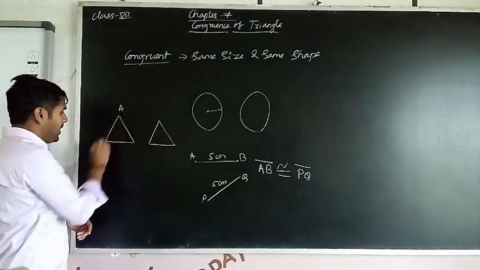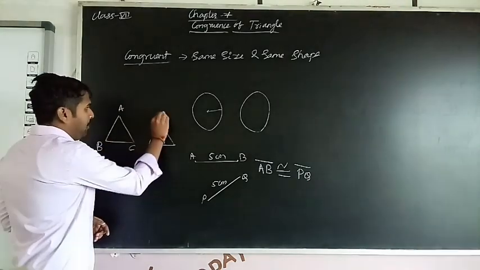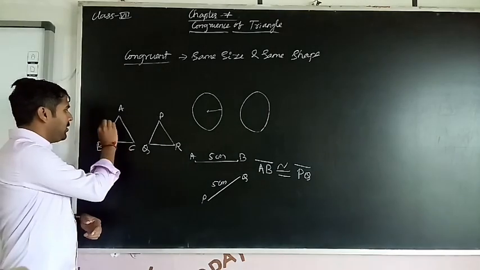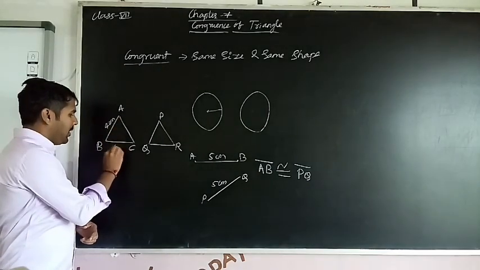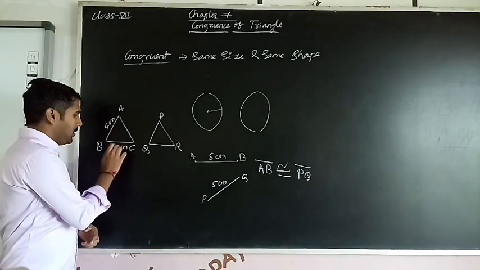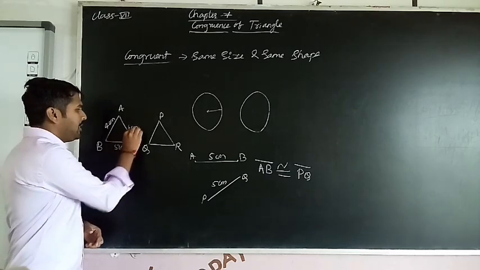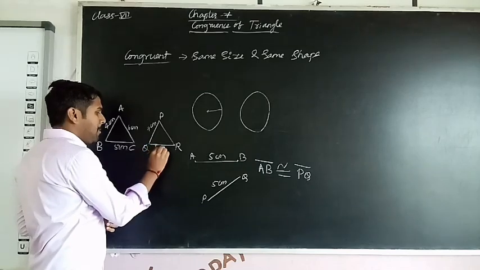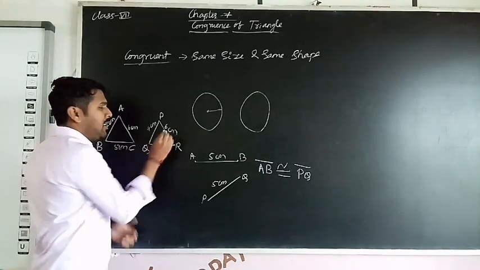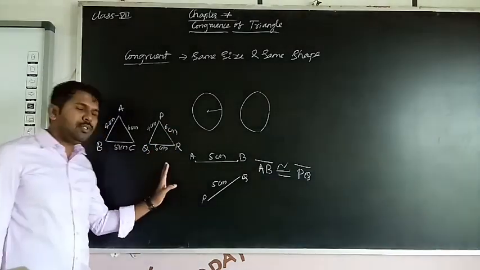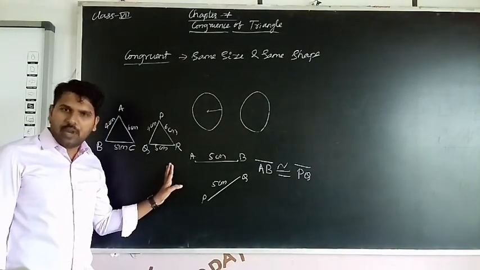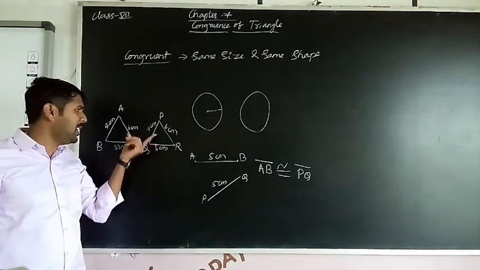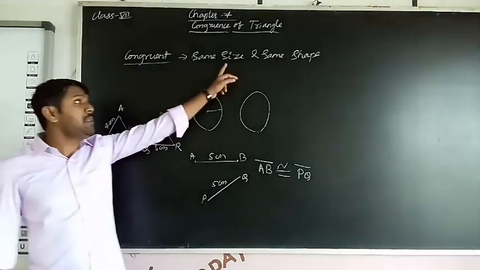And take a triangle. So this is A, B, C, P, Q, R. Okay. So here AB is 4 centimeter, 5 centimeter, 6 centimeter. Like that here also this is 4, 5, 6 centimeter. Can we say these two triangles are congruent? Why? Because first, shapes are same. So here shapes are triangle. Second one, size.